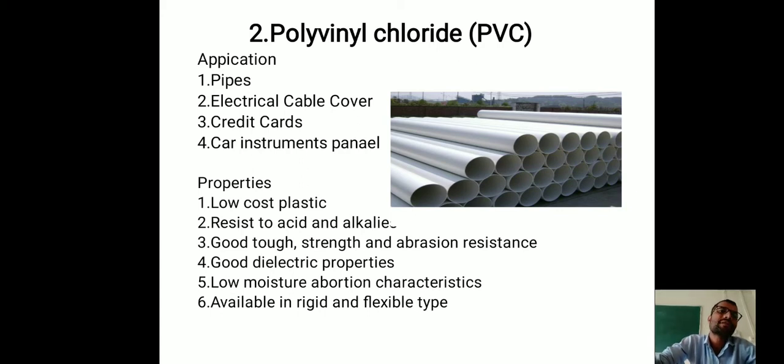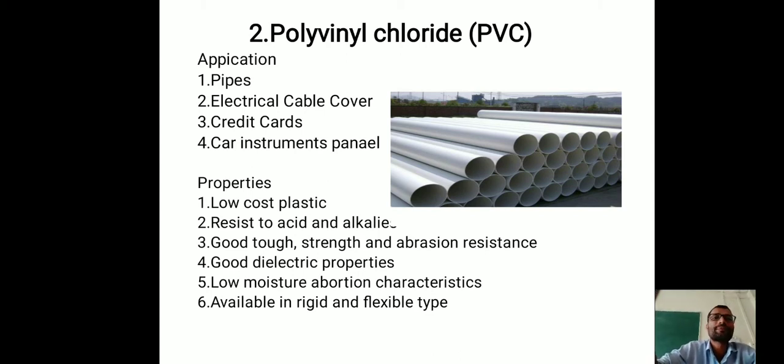Why are these pipes, which we use in day-to-day life for irrigation purposes, called PVC? Because these pipes are made from the material called polyvinyl chloride. In day-to-day life, we call them PVC pipes because these pipes are made from the material called PVC, means polyvinyl chloride. That's why the name is there.